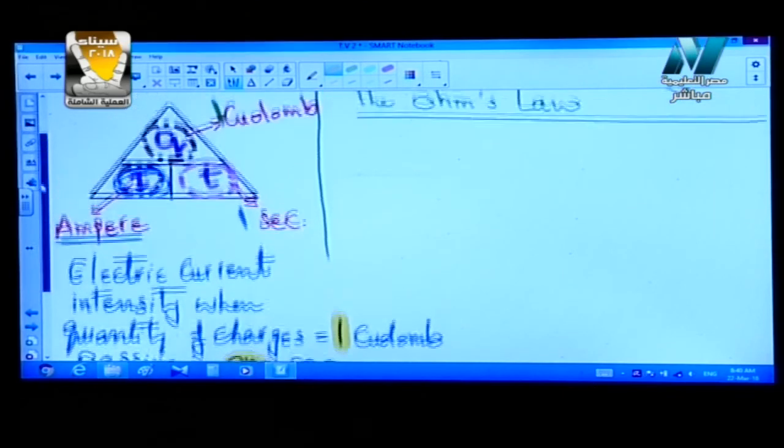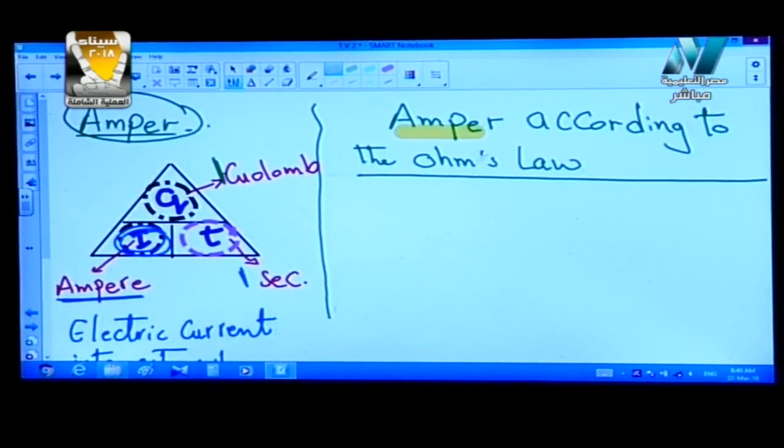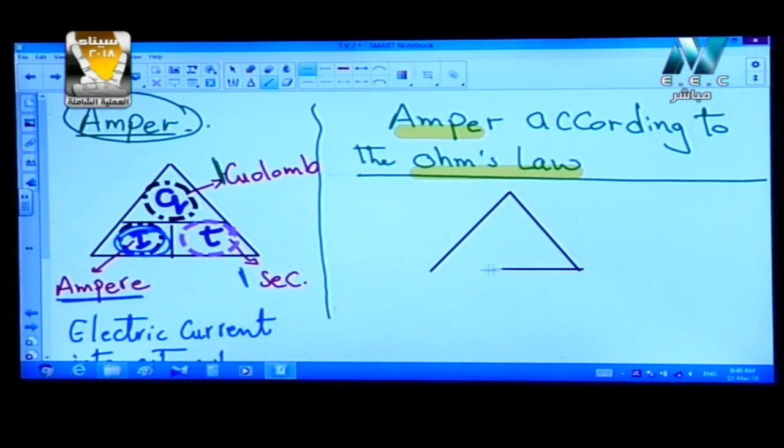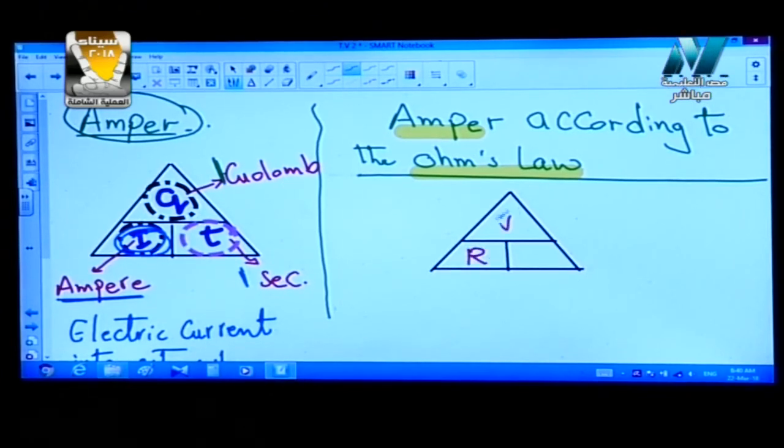But if we have another definition of ampere, according to Ohm's law, from Ohm's law we should use this magic triangle, as we have R equal V over I. Right? Let's see it together: R, V, I. Here the measuring unit is ohm, here the measuring unit is volt, and here the measuring unit is ampere.